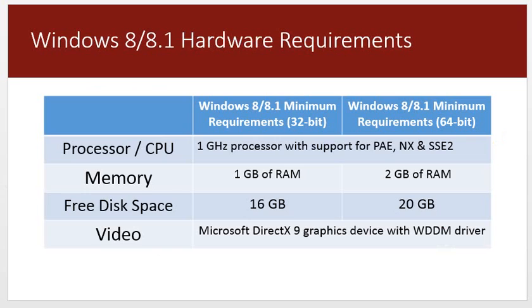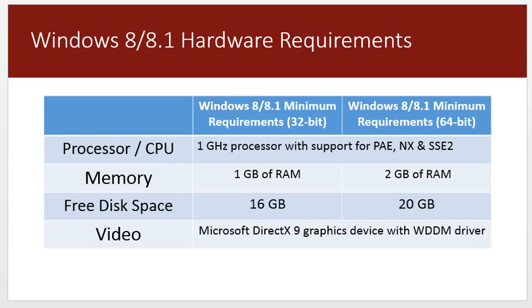Windows 8 and 8.1 hardware requirements. For processors, both 32-bit and 64-bit versions needed a 1 GHz processor with support for PAE, NX, and SSE2, which I just spoke about in the previous presentation slide. For memory, it needs about 1 gigabyte of RAM for the 32-bit version, and for the 64-bit version, you need 2 gigabytes of RAM.